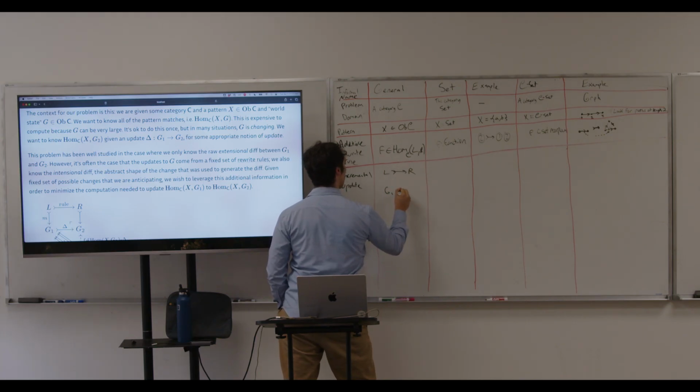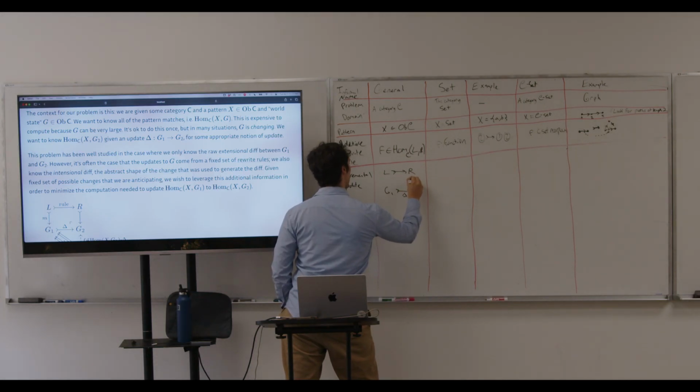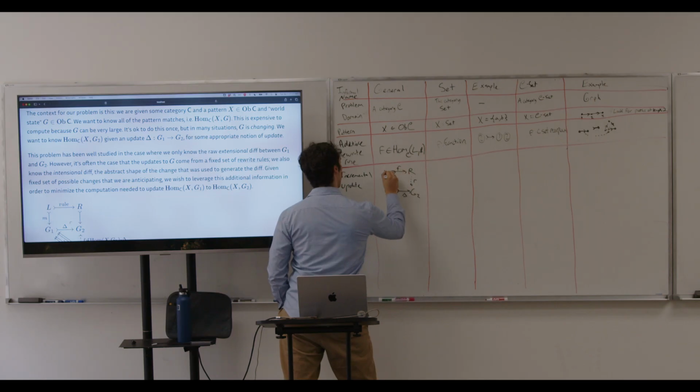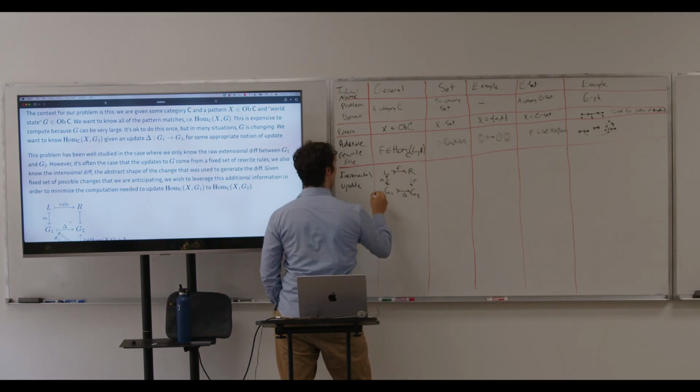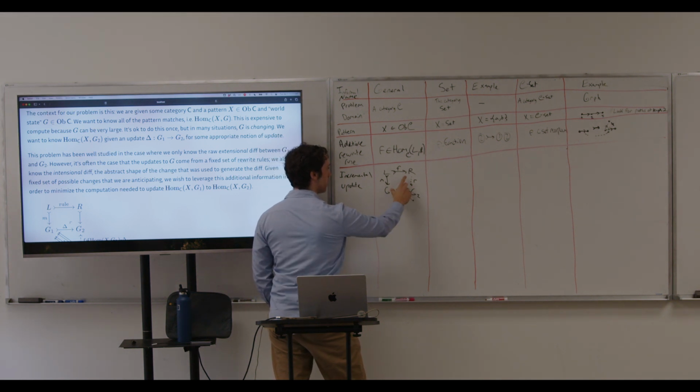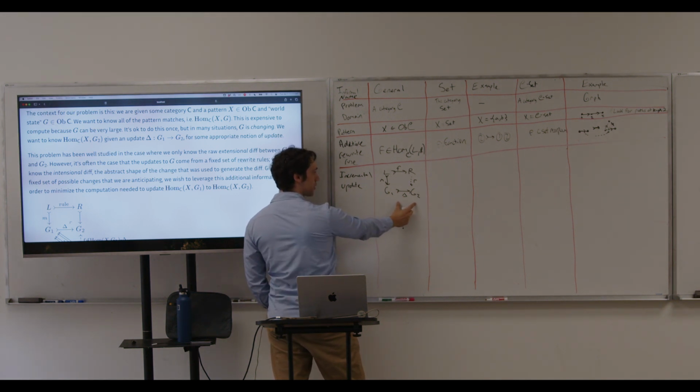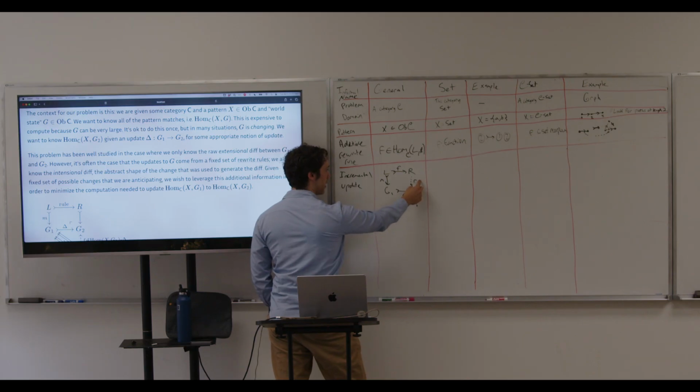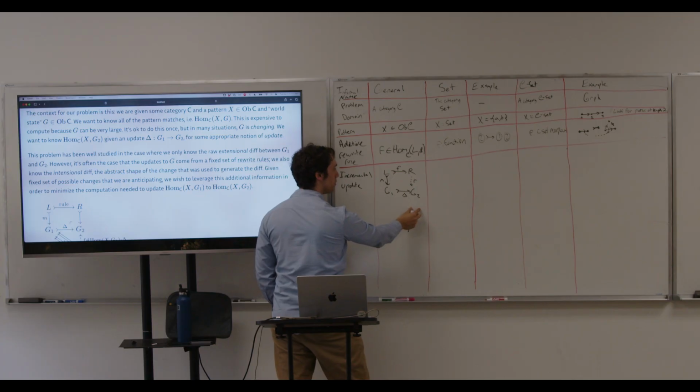So I have some state of the world, G1. I get some state of the world, G2, out of this. And I'll name things like this, where M stands for match. We apply the rule by matching our pattern somewhere in our current state of the world. We do the push-out, and we get this extensional update, delta. And we also get a map that tells us where our replacement of our rule landed inside of the new state of the world.